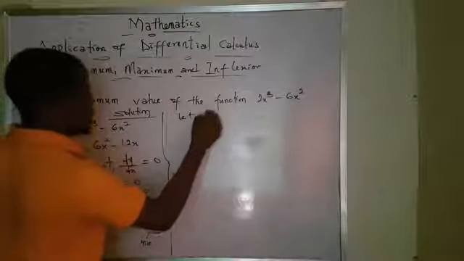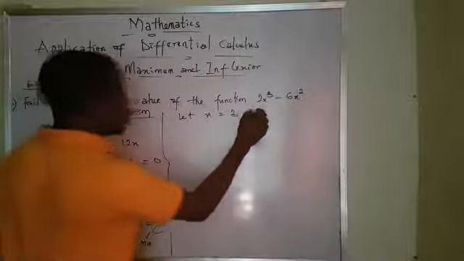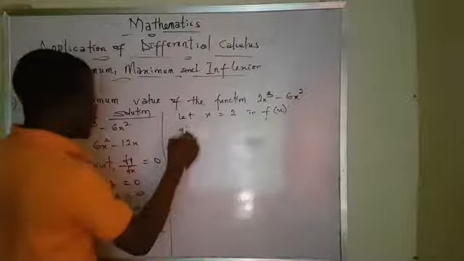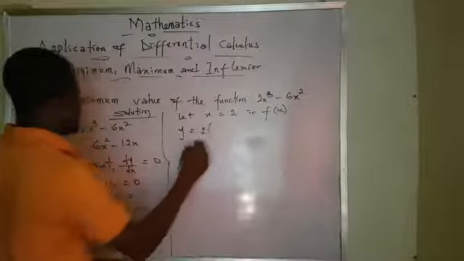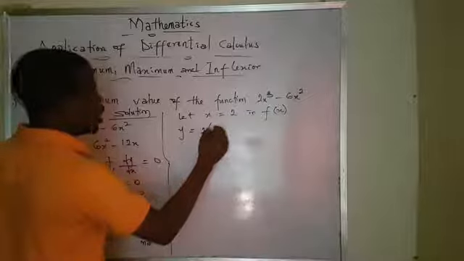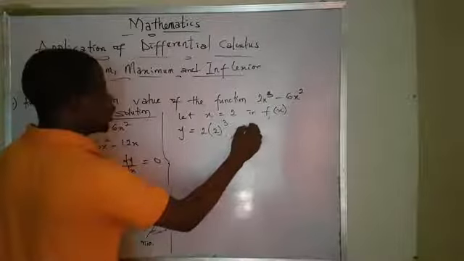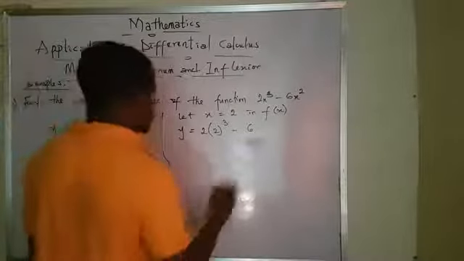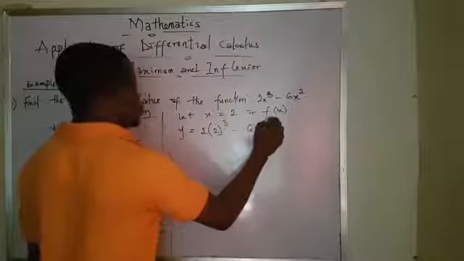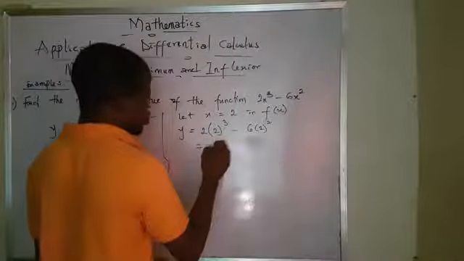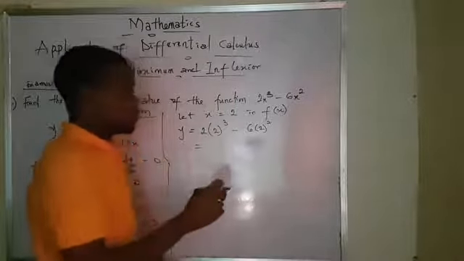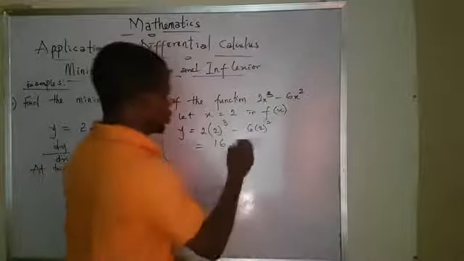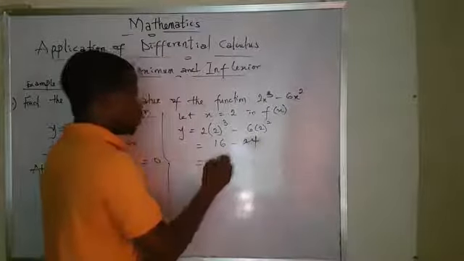Let x be equal to 2 in f of x. So we can say y can be equal to 2 open bracket 2 raised to the power of 3 minus 6 open bracket 2 raised to the power 2, and that can be equal to 8 times 2, we have 16 minus 24, and that will be minus 8.